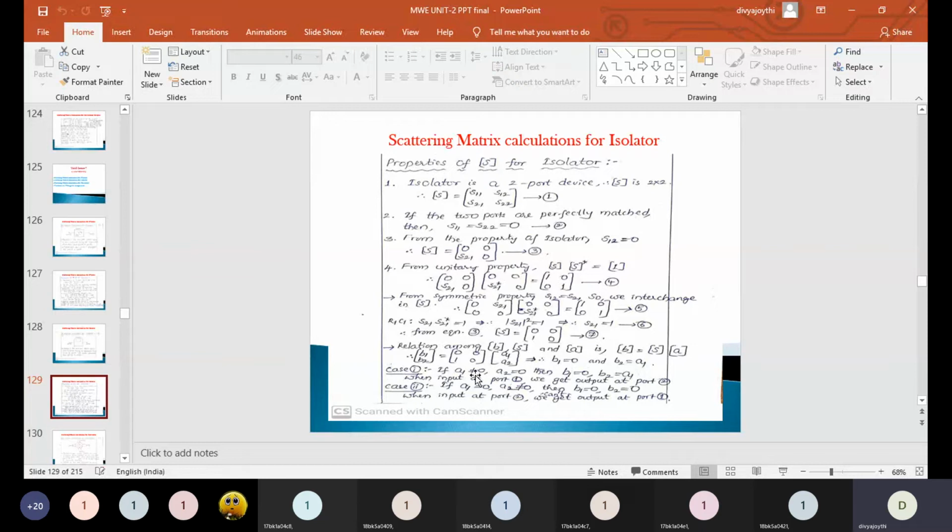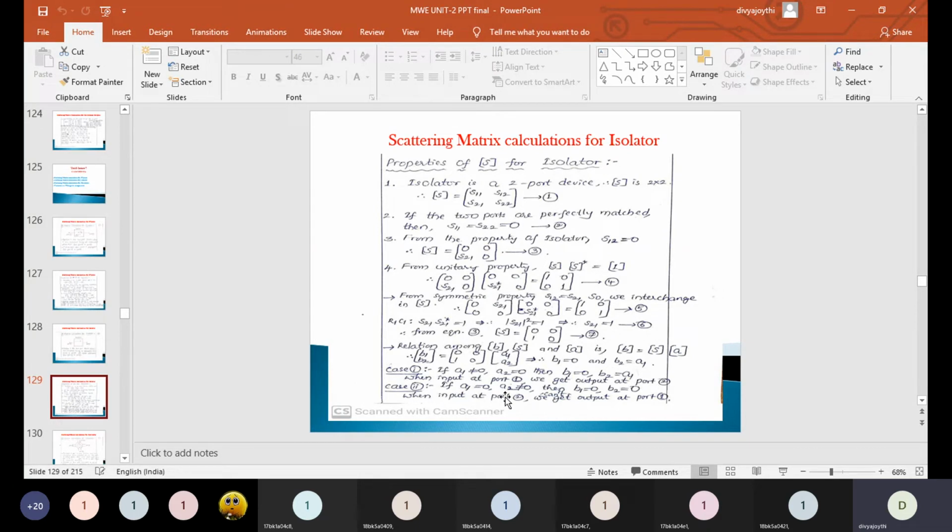In the first case, A1 is provided with input, which means A2 will be 0. So substituting A2 equal to 0, you are going to have B1 as 0 and B2 as A1. These two equations remain the same. So when input is at port 1, we get output at port 2. That's what this indicates.